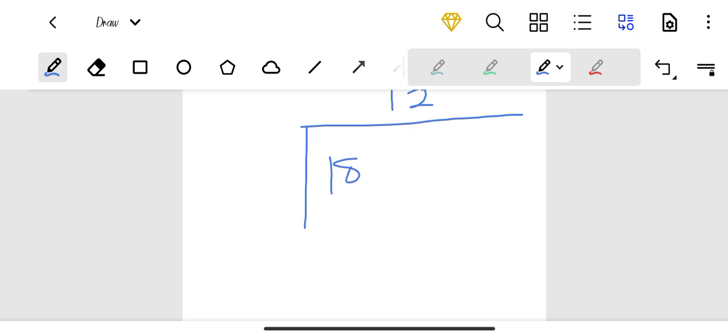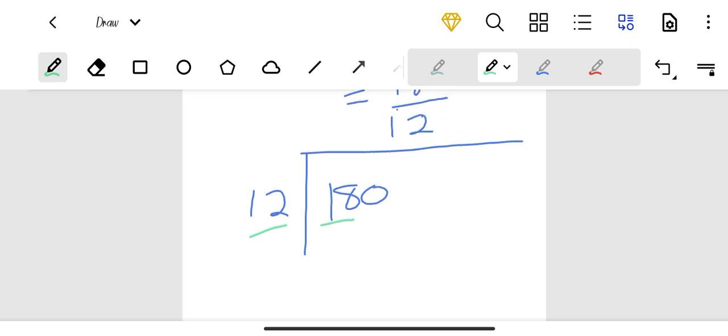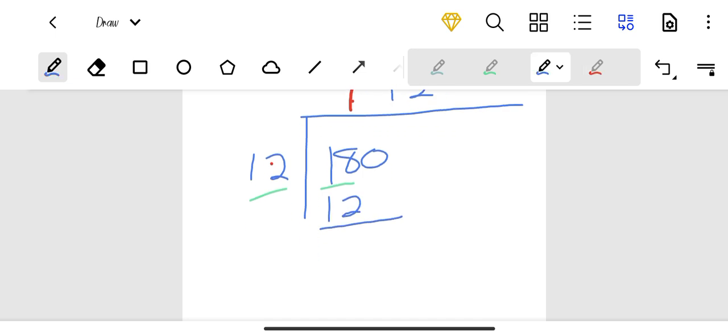We say that divided by that is going to give us a 1. 12 by 1 is going to give us a 12. Then we draw a line there. That minus that is equal to 6.